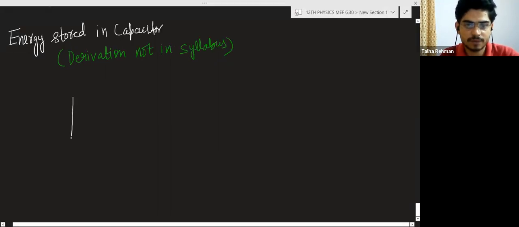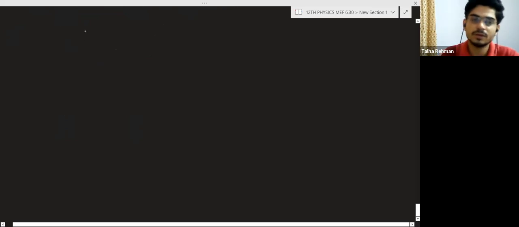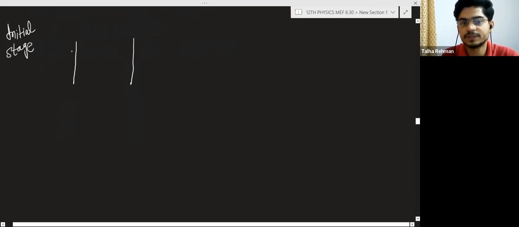So this is a parallel plate capacitor. These are two parallel plates, positive charge, and this is negative charge. Initially, first we have only two plates. This is the initial stage. These plates have no charge and are separated by some medium.